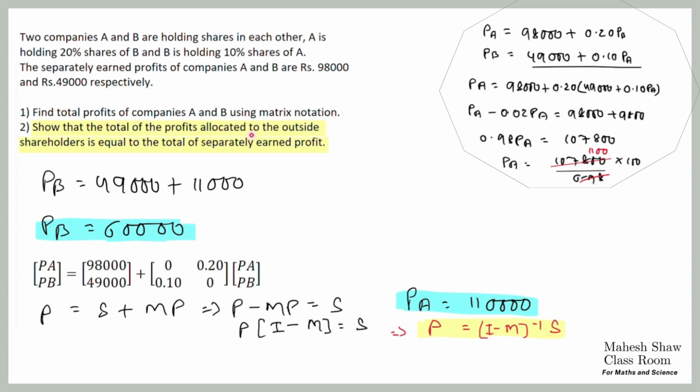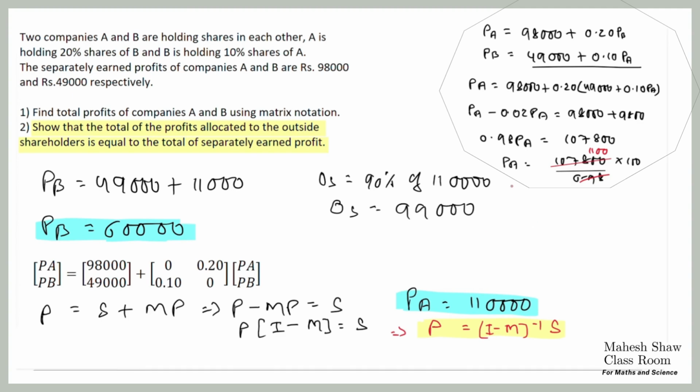The outside shareholders of company A: you can see that company B is holding 10%, which means the remaining 90% is outside. So the outside shareholders of company A get 90% of 1 lakh 10,000, which calculates to 99,000.